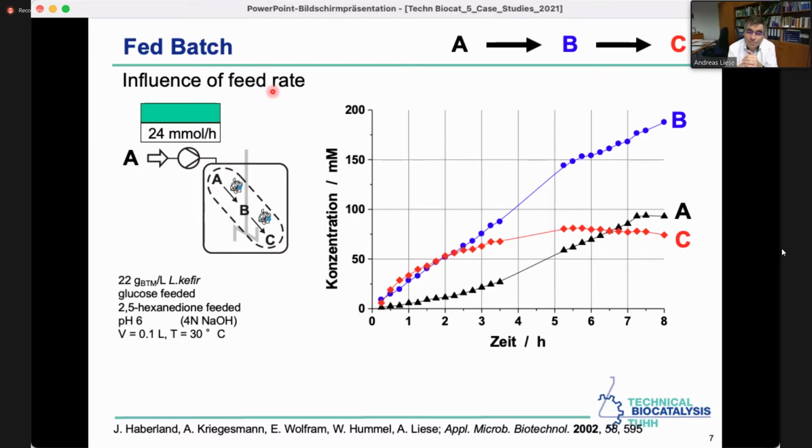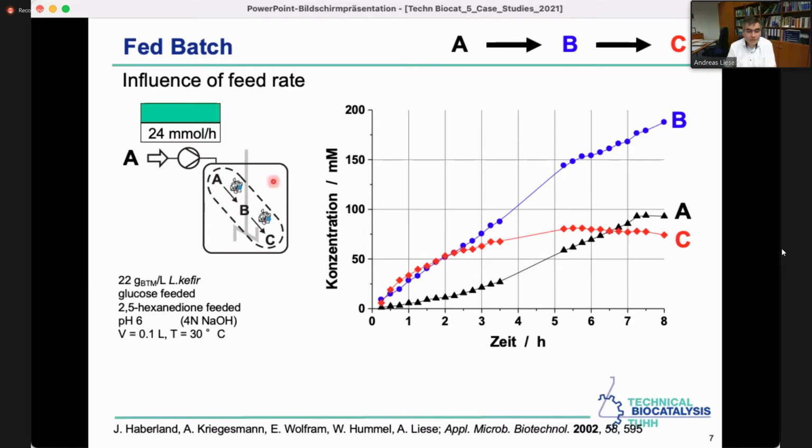But what you see is an increase of the starting material when you install the feed. The first conclusion for sure has to be that your feed rate is too high in relation to the transformation rate, because the transformation rate you can also express as millimole per hour.